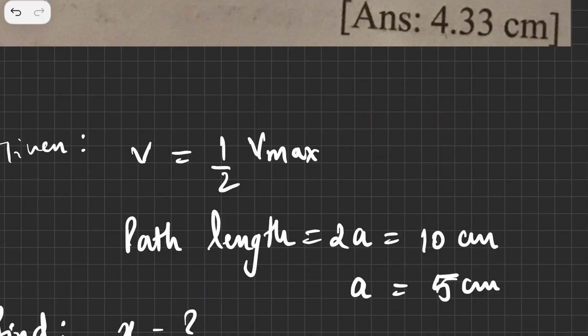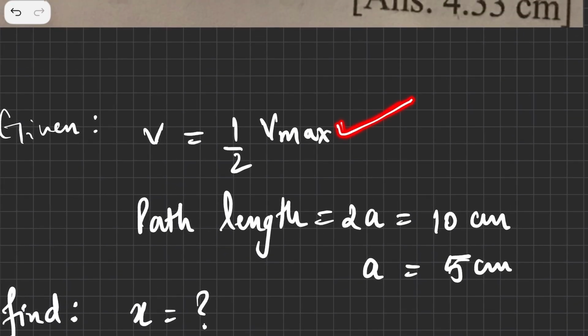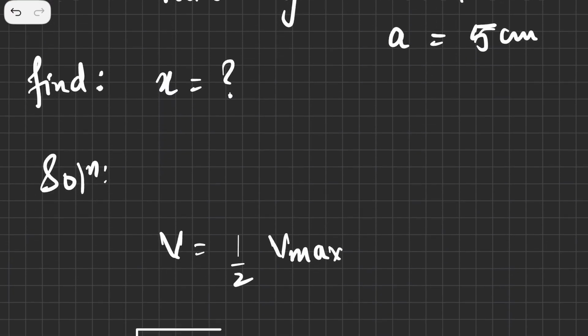That means there will always be an attached condition, because velocity, acceleration and displacement are different at different locations in simple harmonic motion. So we'll use the given condition, apply the formula for both velocity as well as maximum velocity, and solve till we get x.